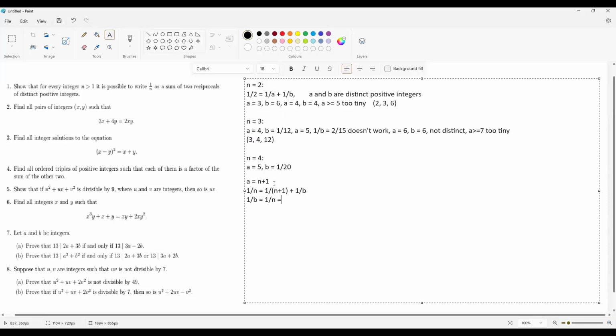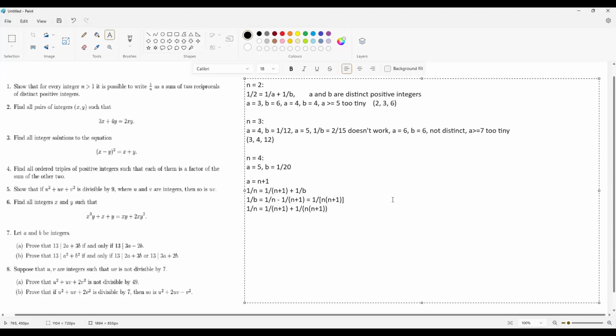Means 1 over b is equal to 1 over n minus 1 over n plus 1, which is equal to 1 over n times 1 over n plus 1. And indeed, we always have a solution. 1 over n is equal to 1 over n plus 1 plus 1 over n times n plus 1.